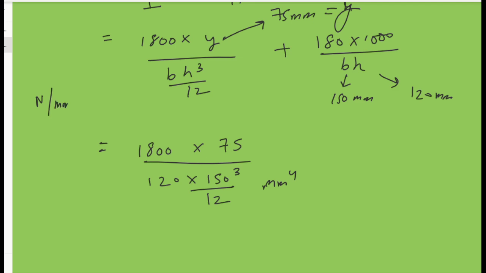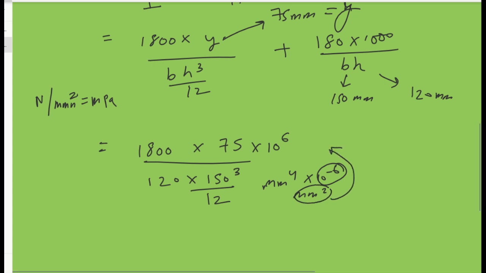The rest we need to calculate; you put the values in, 10 to the power 6, and the other will come as 10 to the power minus 12 minus 6.